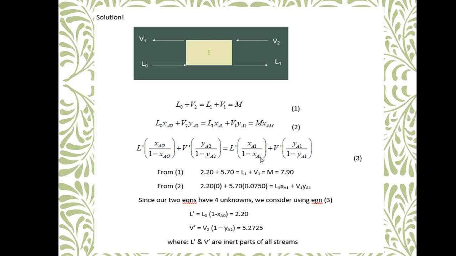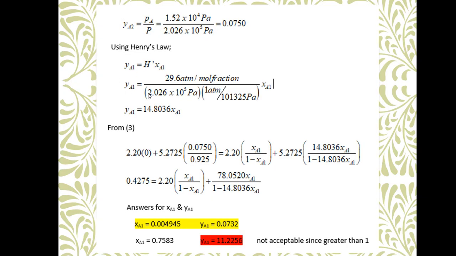There is a need for us to express YA1 in terms of XA1, and we have done that by using Henry's law. Since XA1 and YA1 are mole fractions of the phases that leave our column, they are said to be in equilibrium. If they are in equilibrium, then Henry's law is applicable. So you have this and this.